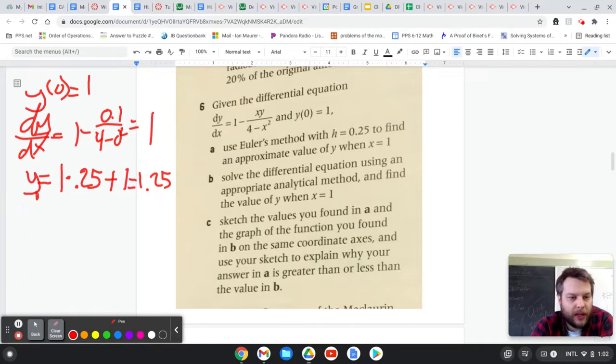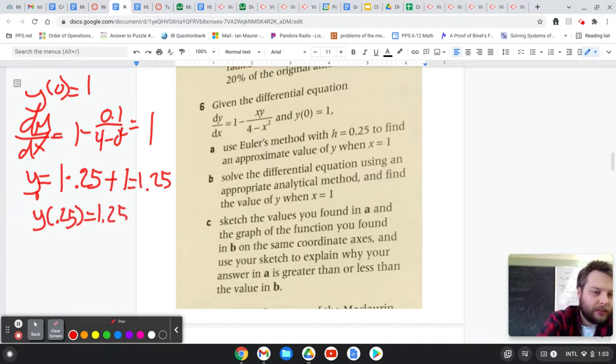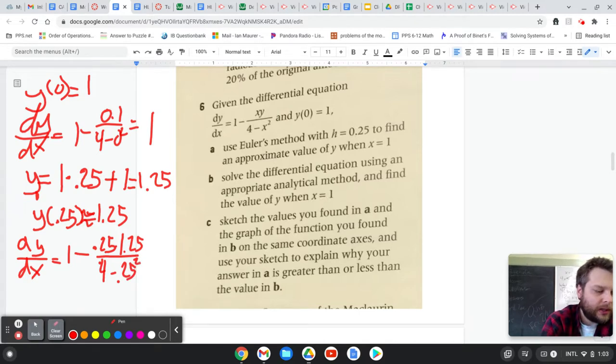And so now I have an x comma y, and I'm saying that when x was 0.25, the y value is approximately 1.25. Okay, substitute that in. dy dx equals 1 minus 0.25 times 1.25 over 4 minus 0.25 squared.